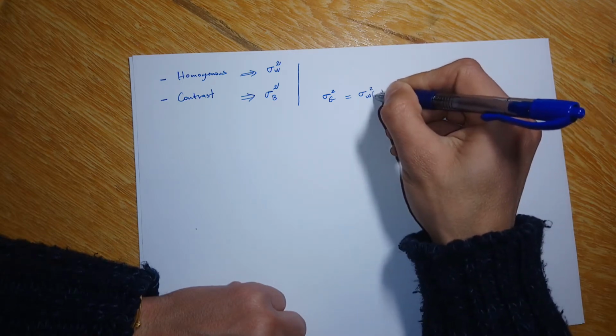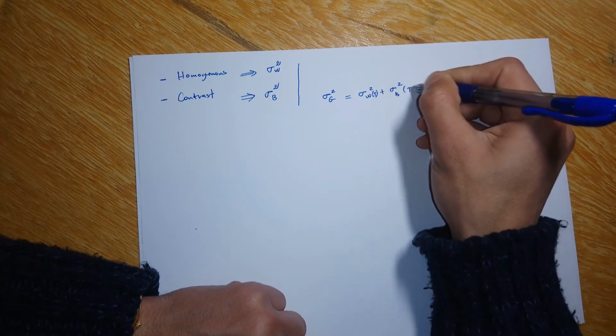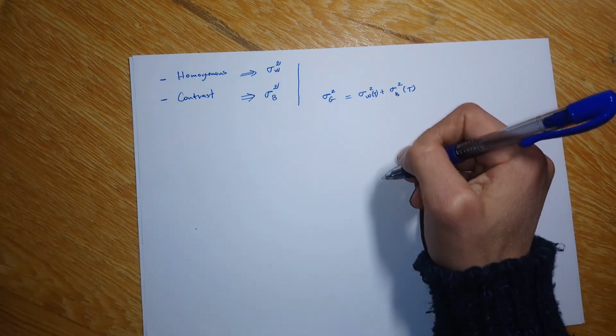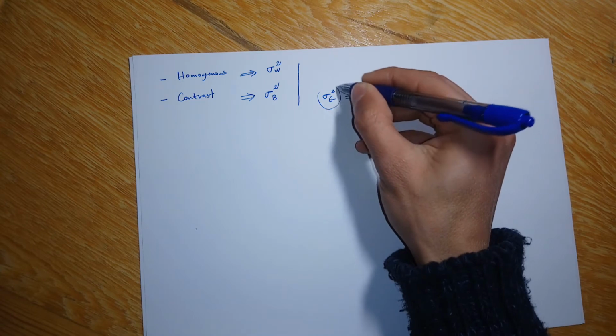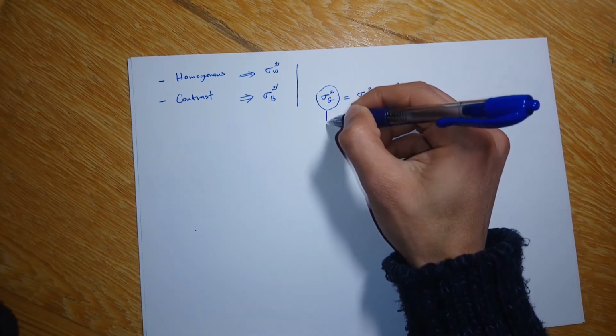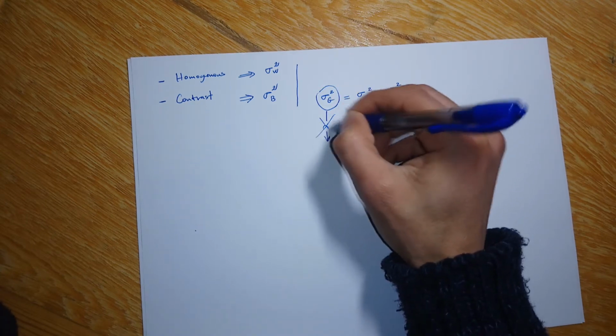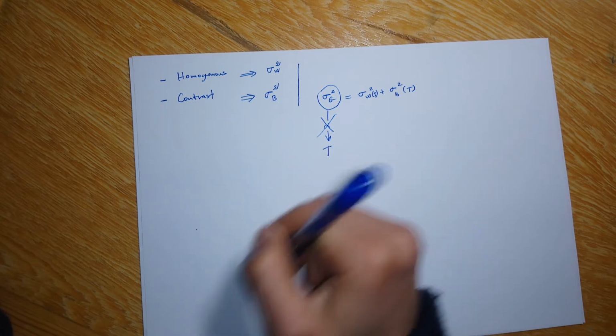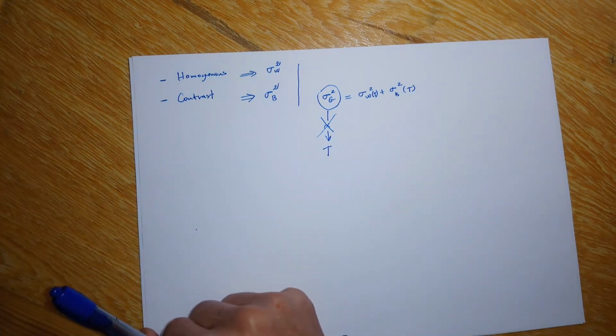The within class variance depends upon the threshold. The between class variance also depends upon the threshold, but G does not. It is independent of the threshold. It is always constant for as long as the image does not change.